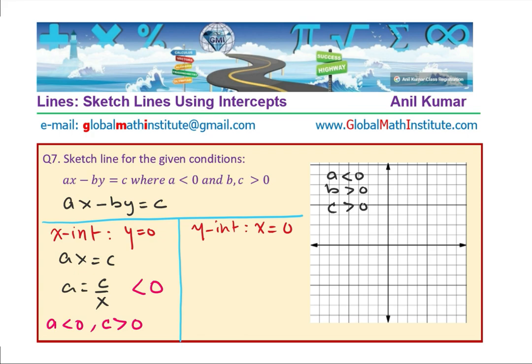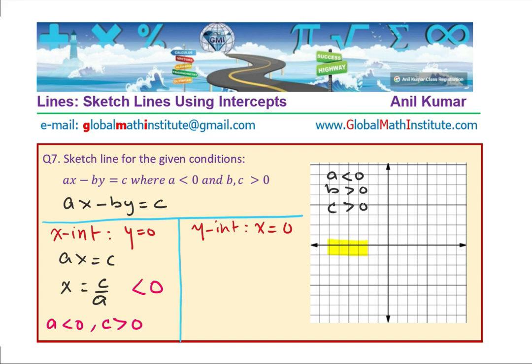And that means that, actually, I should have written x equals c over a. Let me do that correction now. So x equals c over a. That really means that the x-intercept is somewhere on the negative half of the x-axis, correct? Makes sense? Perfect.